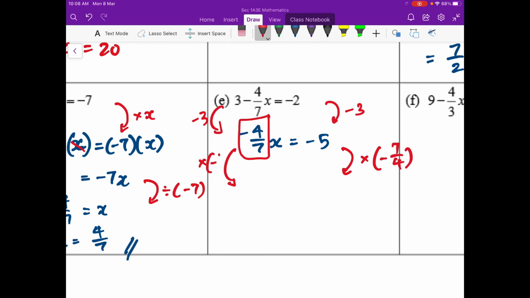They are the same. Leaving me with x equals negative 5 times negative 7 over 4. So we get positive 35 over 4. Or you can times 7, then divide negative 4. Same thing. That is long one.